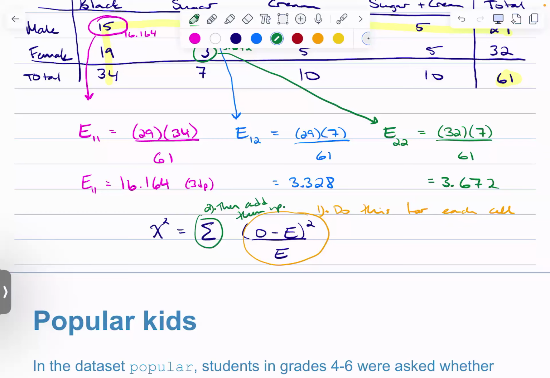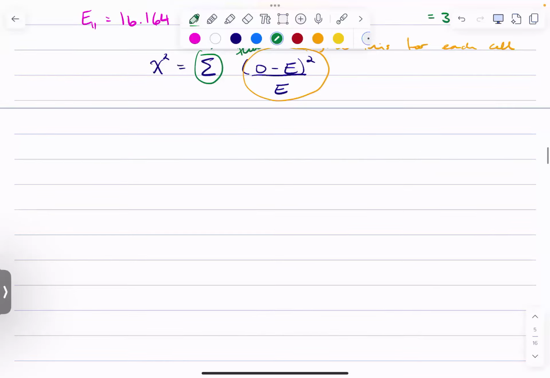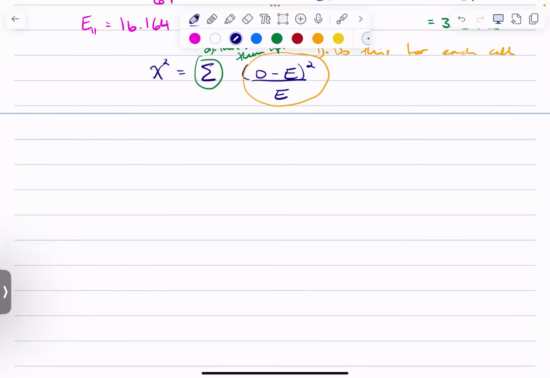And that's going to be your test statistic. Now, last day, let's assume we calculate our chi-squared to be 3.217, just making something up.